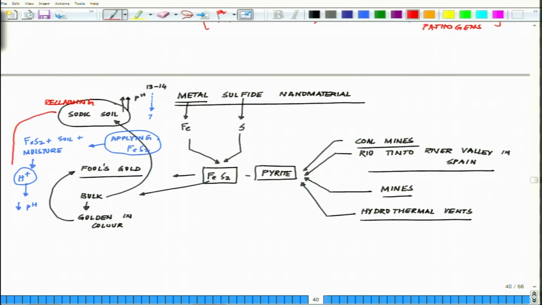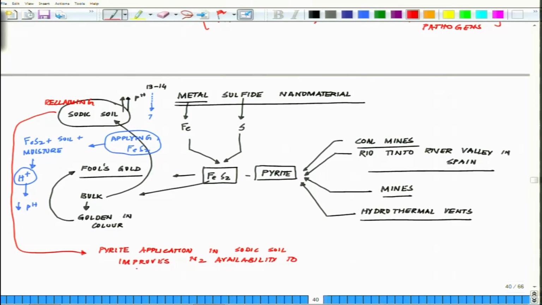pyrite has been used, especially in the Indian context, and pyrite application into sodic soil improves nitrogen availability to the crop.